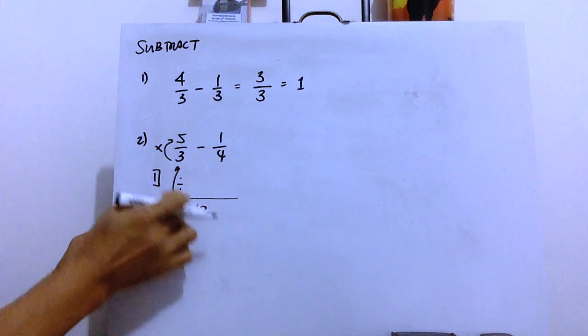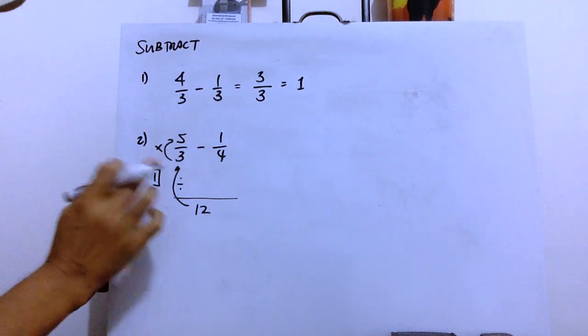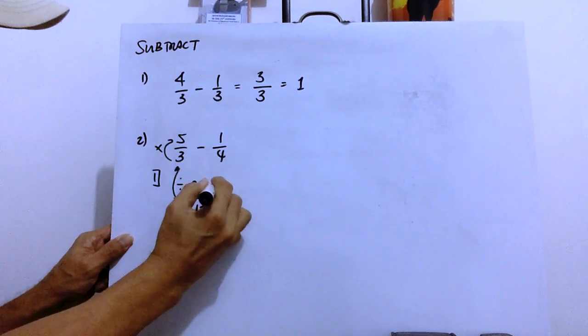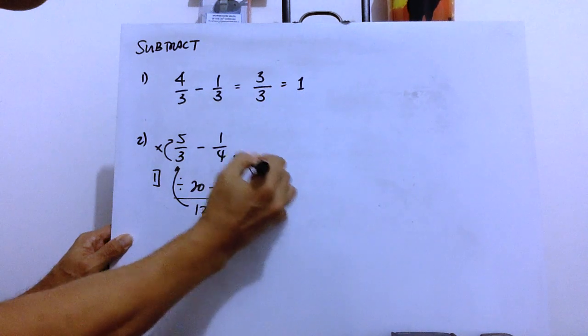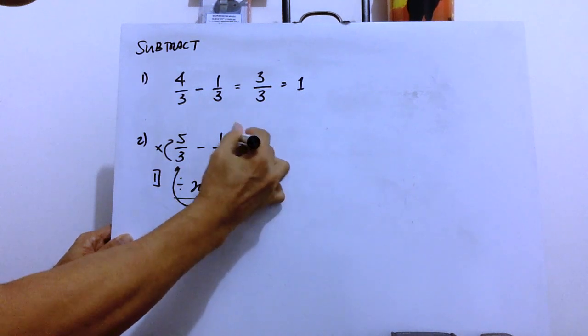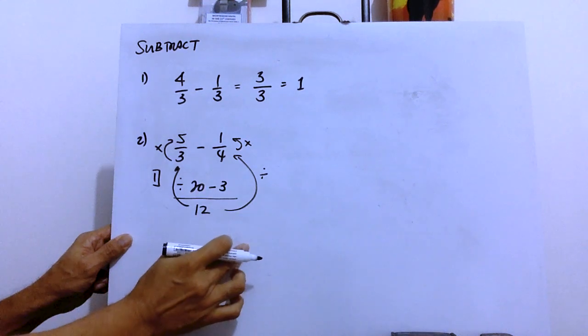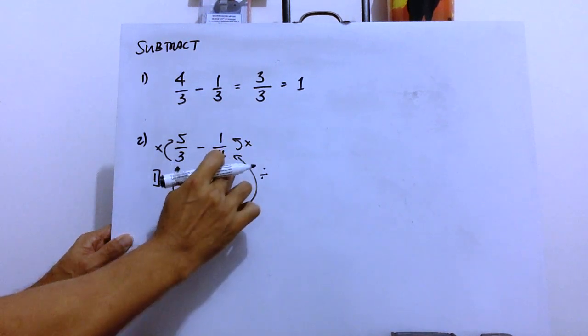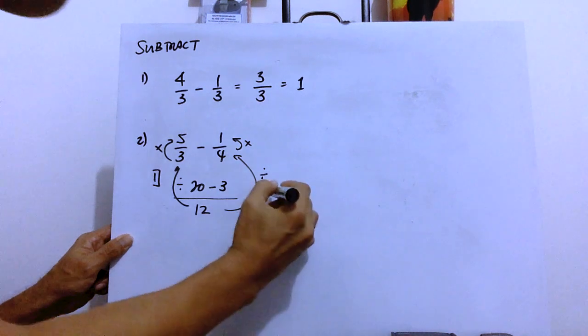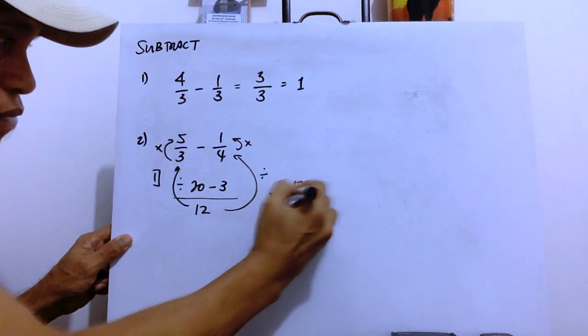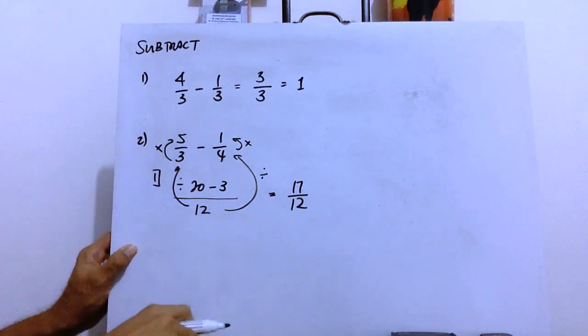So 12 divided by 3 is 4, multiply by 5, that's 20. And then 12 divided by 4, multiply by 1, so that's 3. So 20 minus 3, that's 17 for method 1.